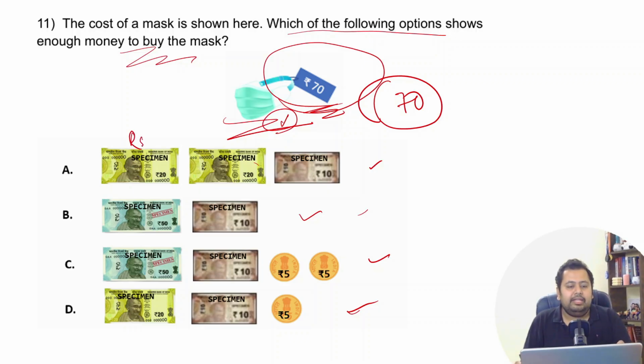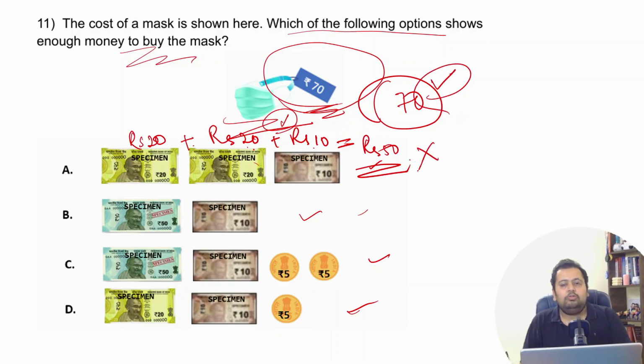It is rupees 20 plus rupees 20 plus rupees 10. Now, if you add all of this, 20 plus 20 is 40, 40 plus 10 is 50. So this is rupees 50. Is rupees 50 greater than 70? No.